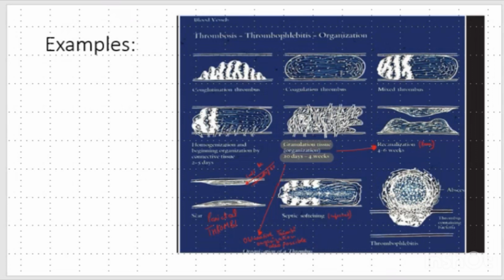Now this is an example from hemostasis, from Professor Dushkova's slide. And as you can see, you have a large thrombus over here.